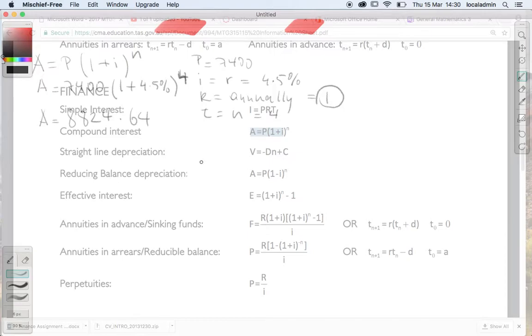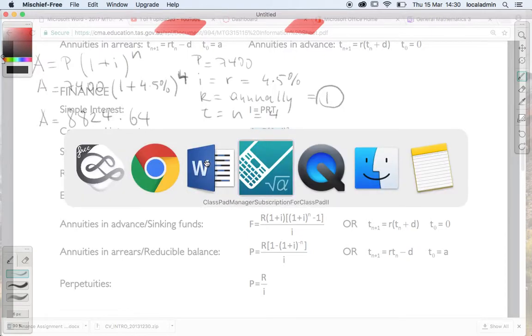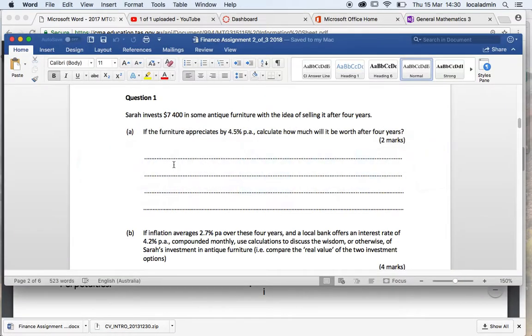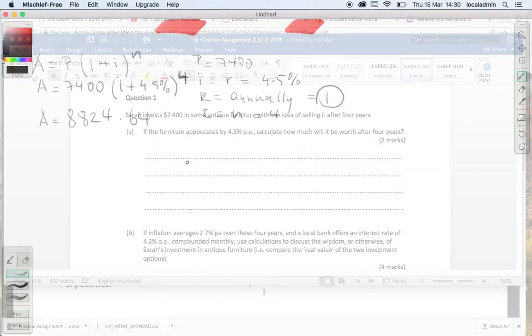So inflation is the same formula, so that would be $7,400 plus 2.7%, because inflation is an annual rate, and we do that for 4 years, and let's see what our value becomes.